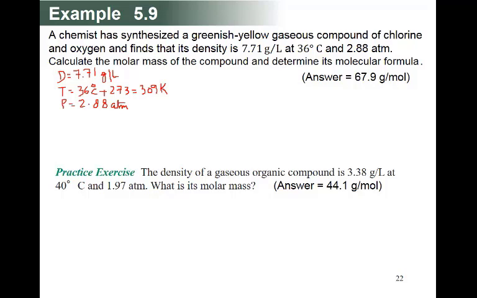So here we have to calculate the molar mass. The formula for the molar mass will be molar mass is equal to dRT upon P. So density here is 7.71 multiplied by gas constant 0.0821 multiplied by temperature 309, divided by pressure 2.88.